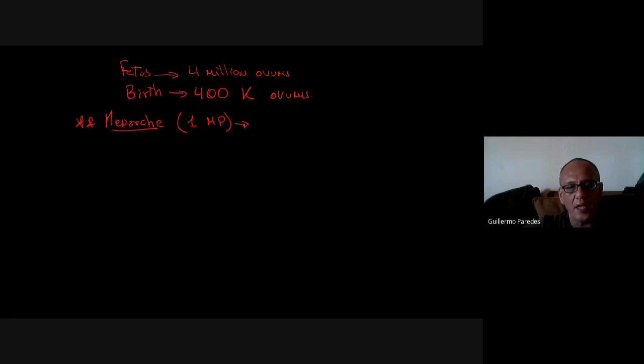At that time, the female is going to have only 40,000 ovules. So can you see, from 4 million, they go 10 times lower, 400, 100 times lower, it's 40,000 ovules. This is the pool of ovules that you're going to use during your menstrual cycle.